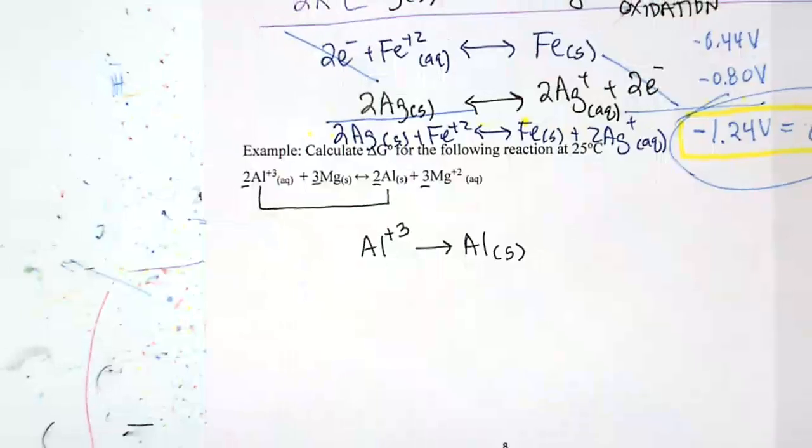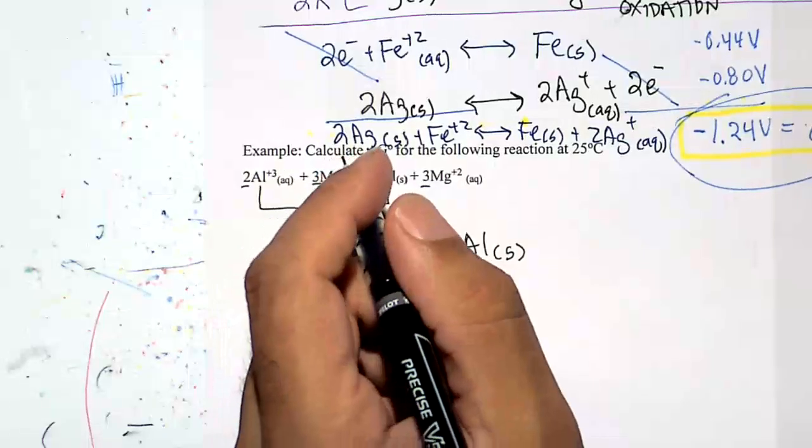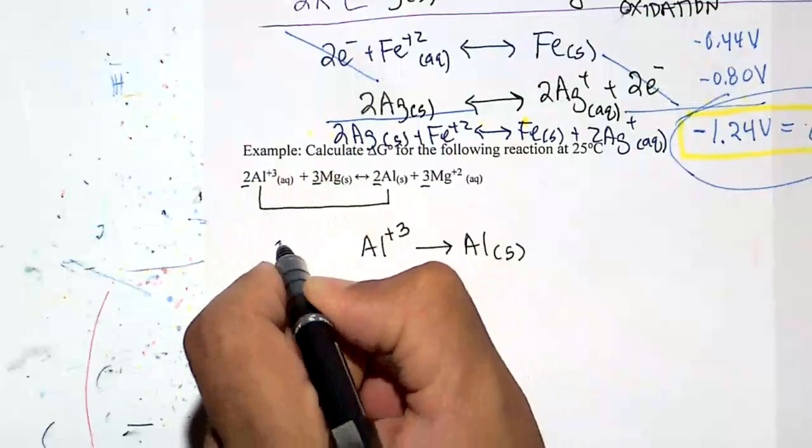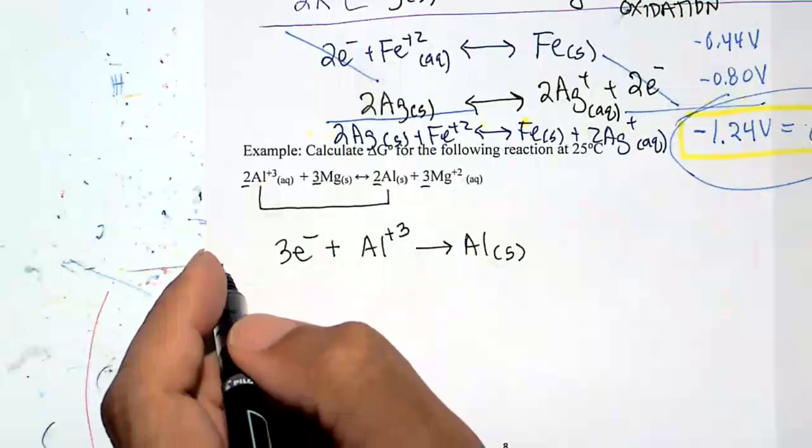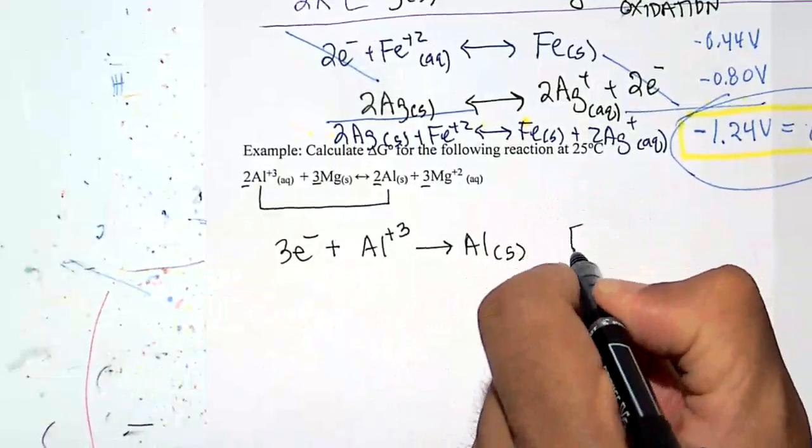How many electrons and where does it go? This is going to be 3 electrons on the reactant side. This is the cathode because you're gaining 3 electrons.